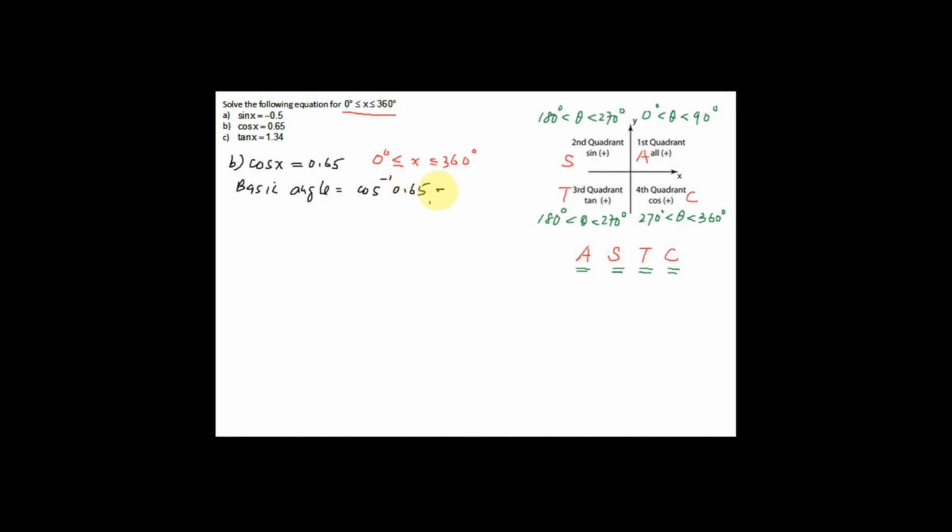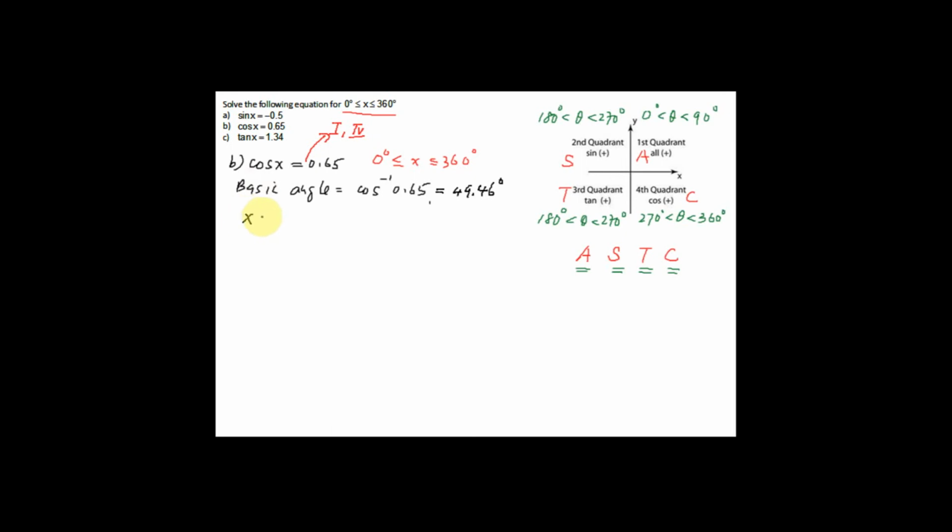You press your calculator, you should have an answer 49.46 degrees. The third step, looking at which quadrant, cos is positive, so it's the first and the fourth quadrant. First quadrant all positive, sine, cos, tangent are positive. So now you're looking at the first and fourth quadrants.